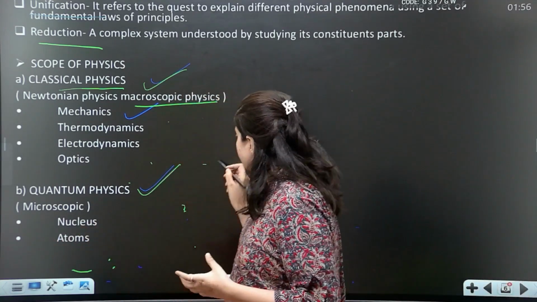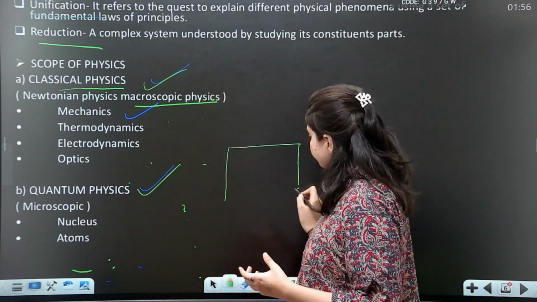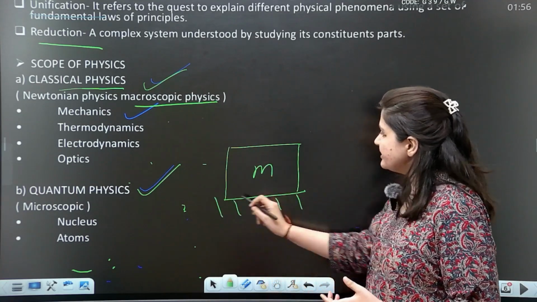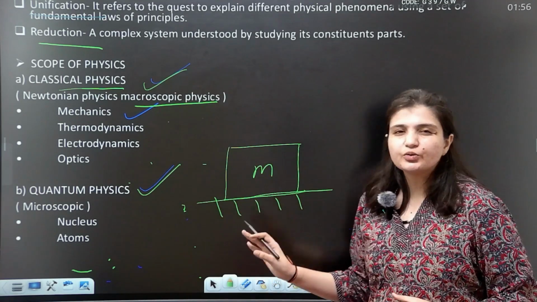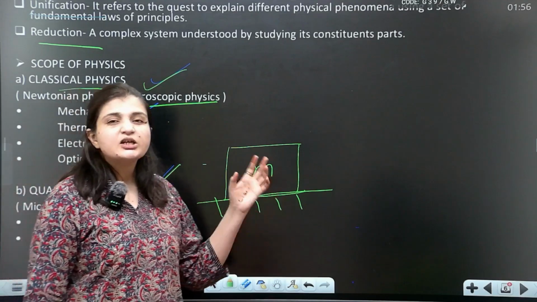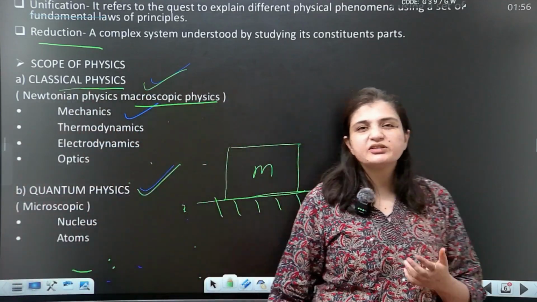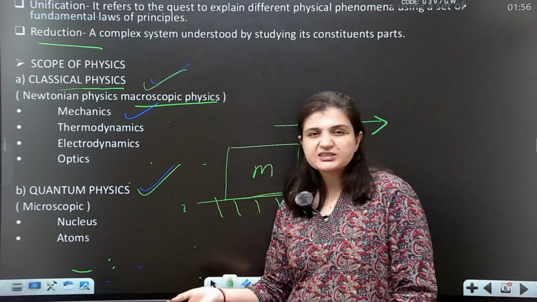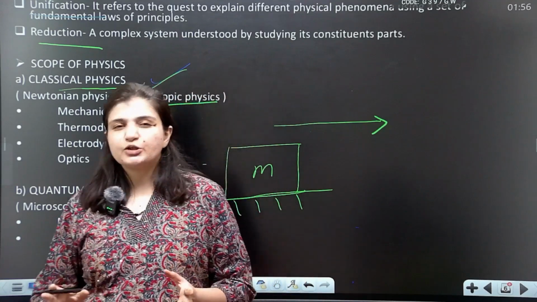Where, like, this object of mass m is kept on the ground, so at the practical level we can relate to it, like how it will change its motion, and how much distance it will cover.